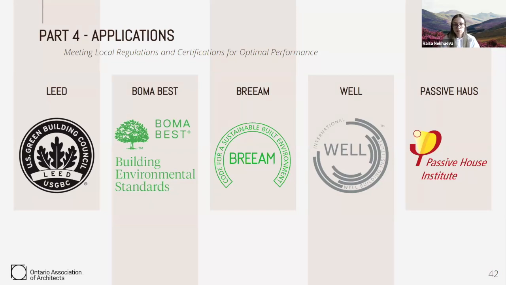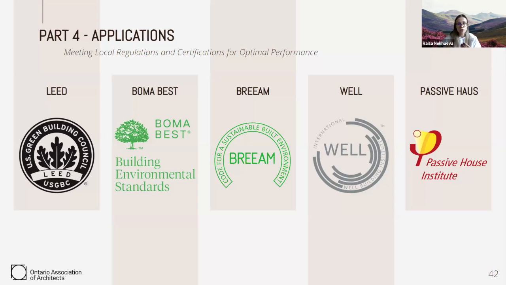However, green building certifications such as LEED, BREEAM, and others set more ambitious goals than building codes. They require a higher level of performance in areas such as energy efficiency, indoor environmental quality, and sustainability. Certification programs often incorporate the latest research and best practices in energy efficiency.